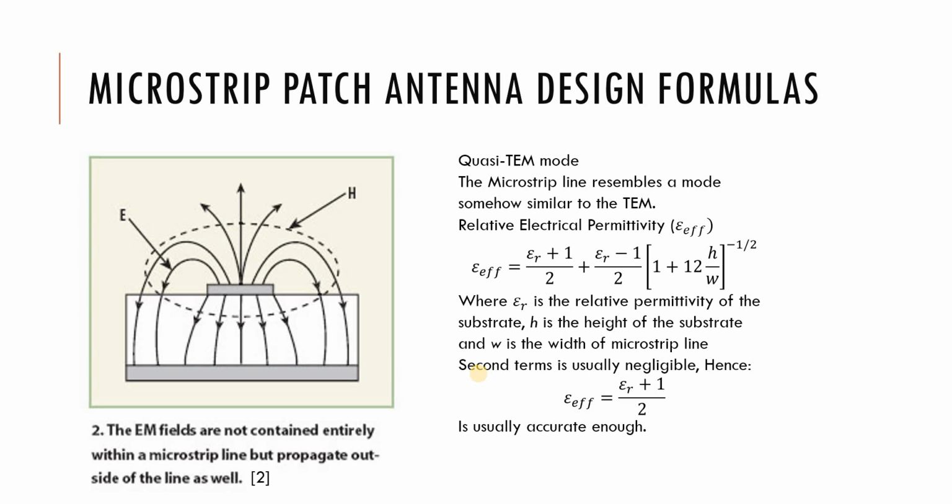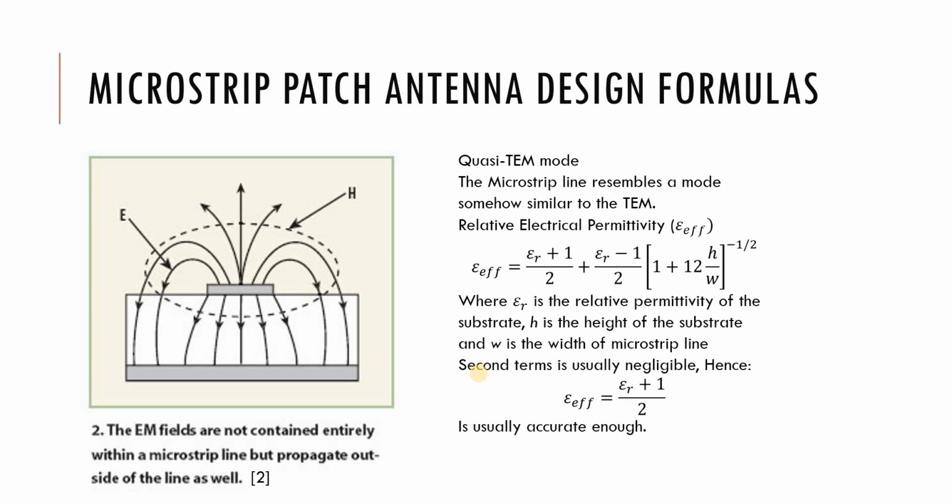You can see the relative electrical permittivity formula, which is the effective one, because in the patch antenna you have the air media, and inside the substrate you have some permittivity.